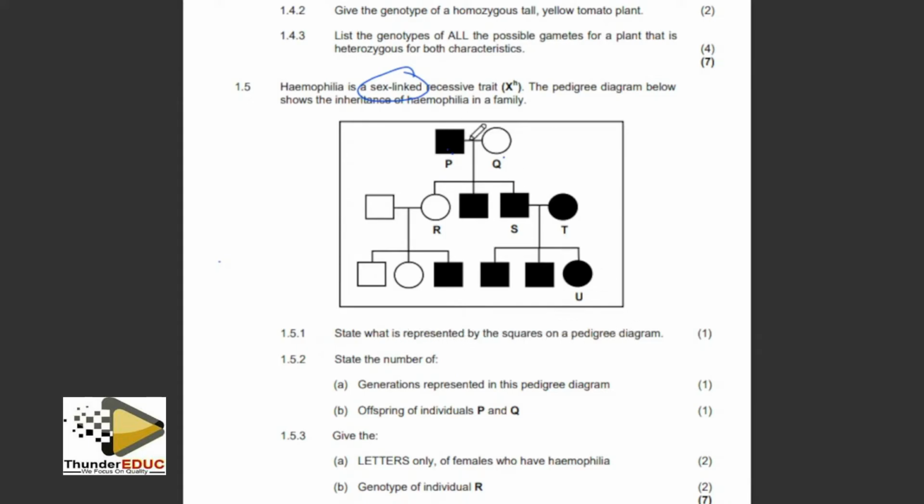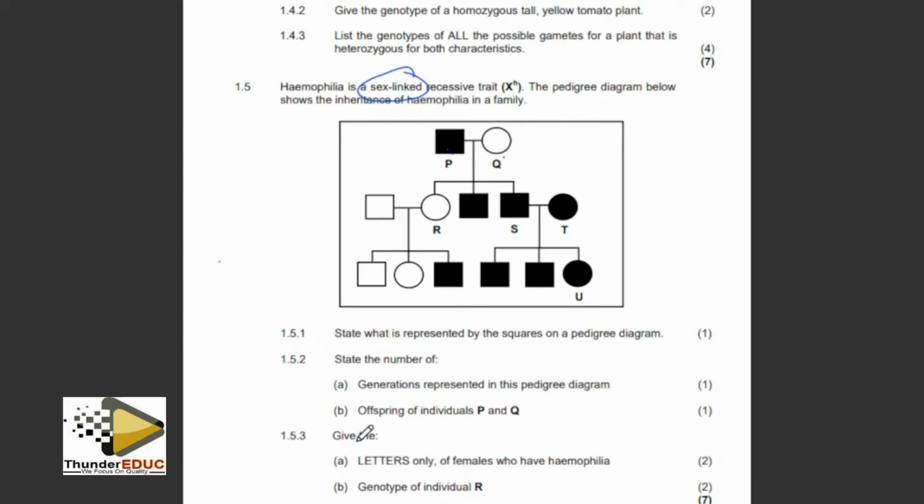We have said that the circle means a female. State the number of generations. We have talked about them. There are 3 generations. Offspring P and Q. State the number of offspring of P. The same thing. This one and these ones only got married into the family, so they are intruders.